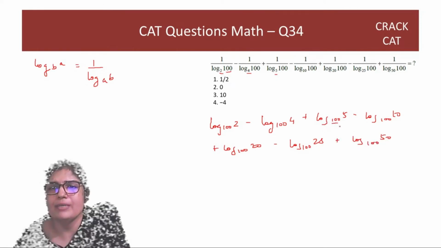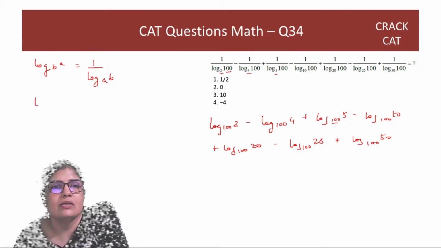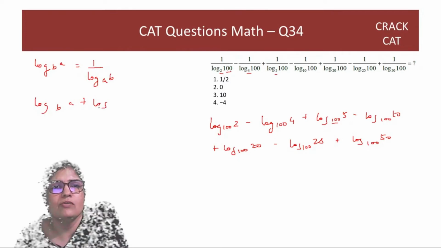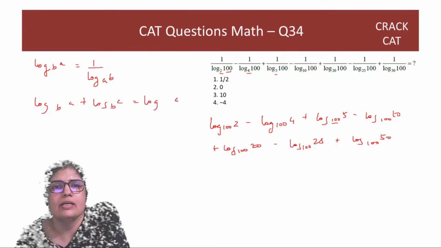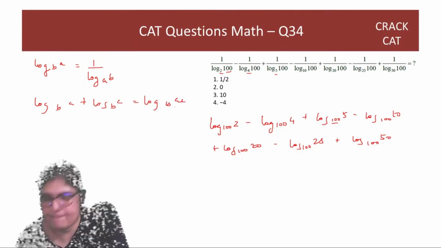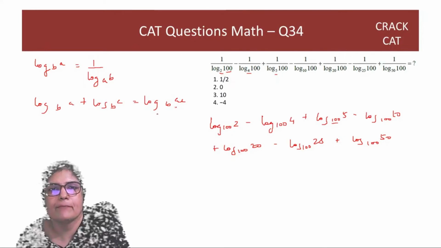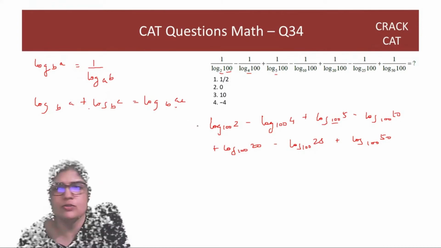So now सबका base same है, so they can be combined. Whenever there is a plus, right, log of a to the base b plus log of c to the base b, right, is nothing but log ac to the base b. So whenever there's a plus, you multiply, and whenever there's a minus, you divide, right?